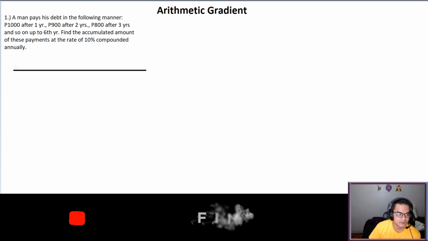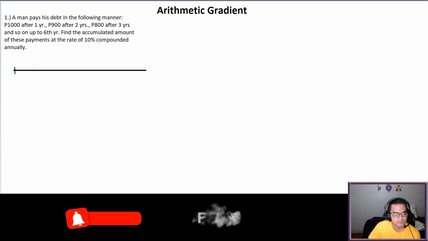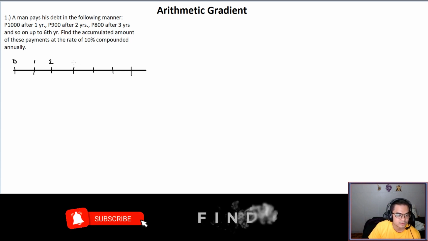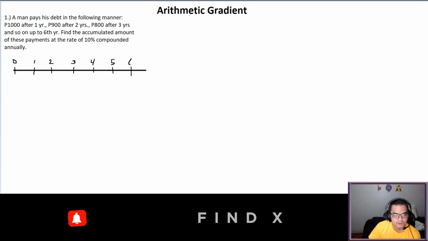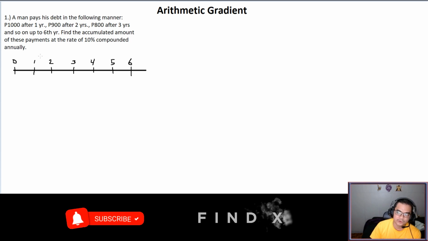So this is year 0, 1, 2, up to 5 and 6. As you can see, a man pays his debt in the following manner: 1,000 after 1 year.